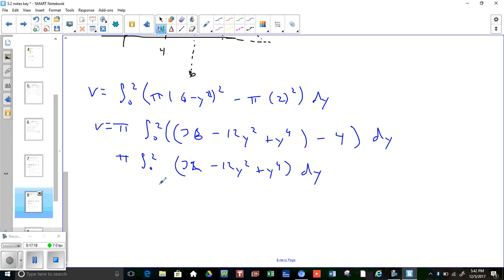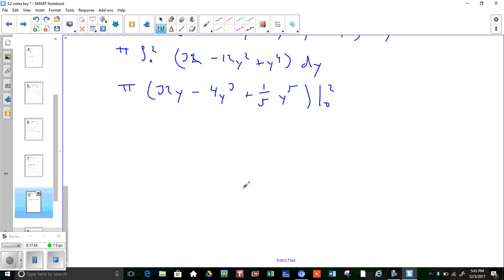And now let's take an antiderivative. So we're going to get pi times 32y minus, what is that, 4y cubed plus 1/5 y to the 5th, evaluated from 0 to 2. Fortunately, I think we're only going to have to deal with fifths here, which is okay. So let's see, pi times 2 times 32 is 64. 2 cubed is 8 times 4 is 32 plus 32 fifths.